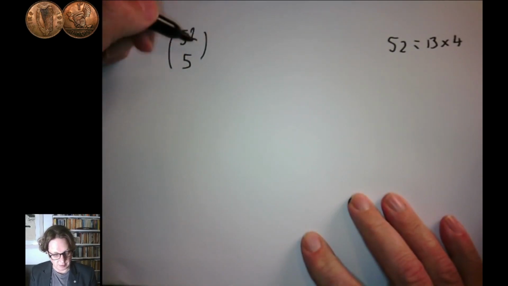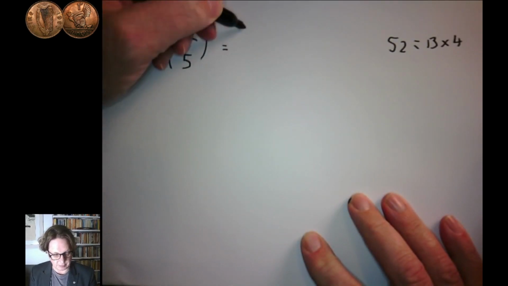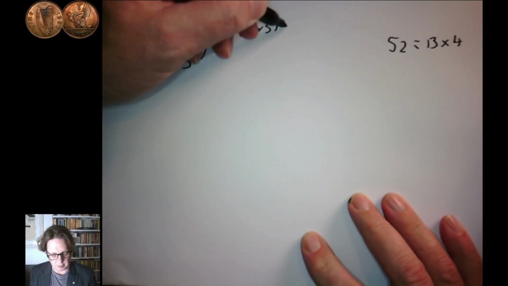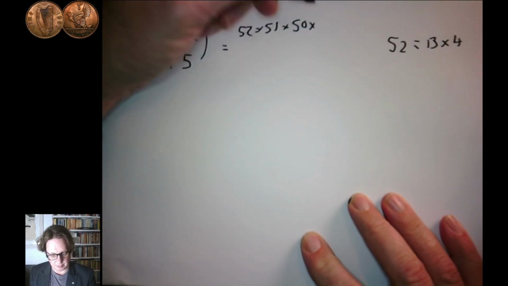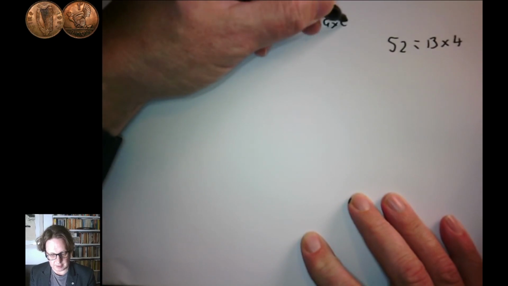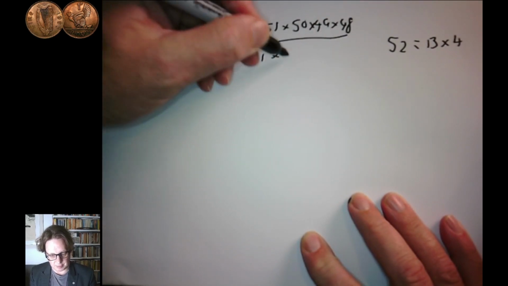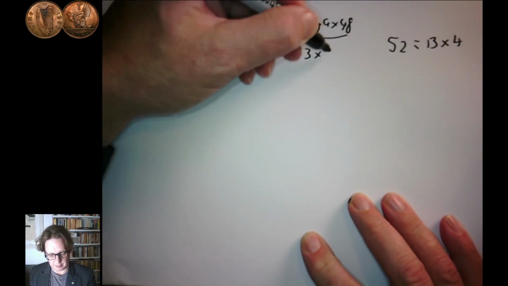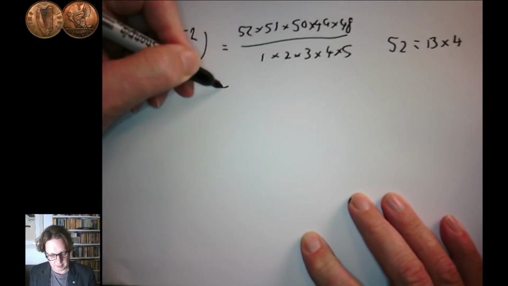So 52 choose 5 is going to be 52 by 51 by 50 by 49 by 48, divided by 1 by 2 by 3 by 4 by 5, and that's quite a big number.